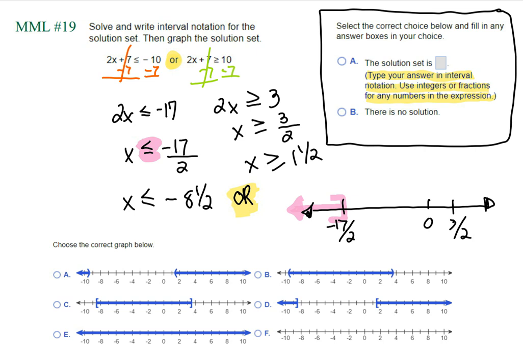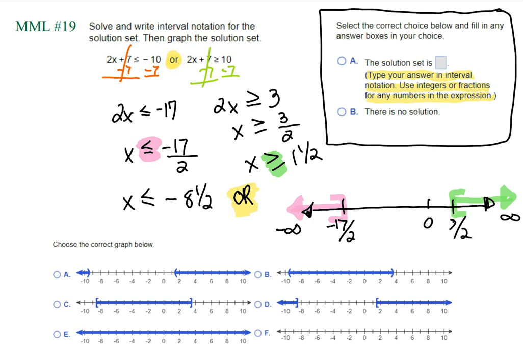Remember that negative infinity is far to the left, positive infinity is the farthest to the right. So that's going to be that. And then my other one has x is greater than or equal to 1 1/2. So I'm going to need a bracket there going in the greater than direction.